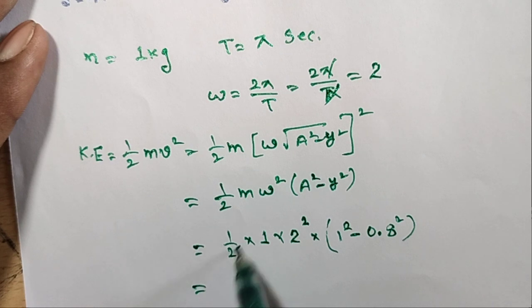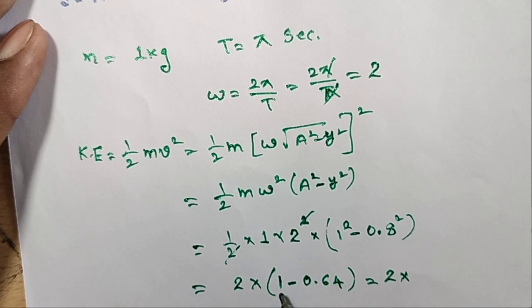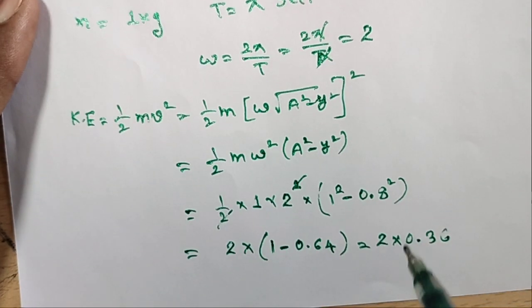Here the 2 and 2 cancel. 2 into 1 square means 1; 0.8 square is 0.64. So 1 minus 0.64 is 0.36. 2 into 0.36, what is the value?